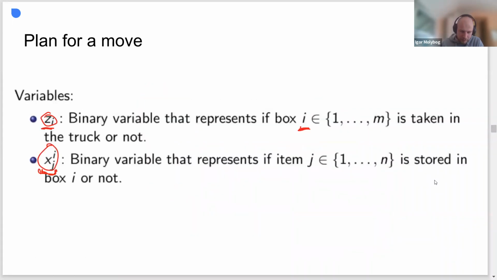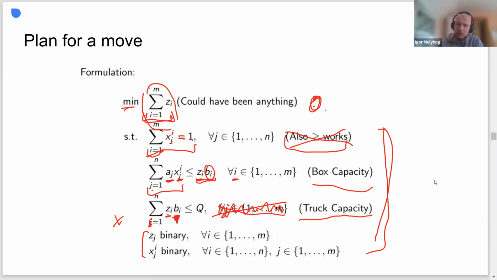Any questions regarding the plan for a move problem? Just to clarify, for the third constraint, should it be the sum from I equals 1 to m, or is it j? You're right. So let me correct this.